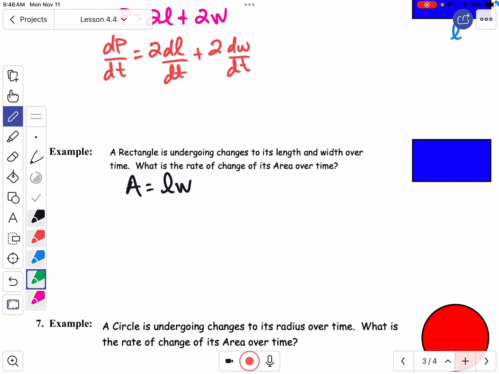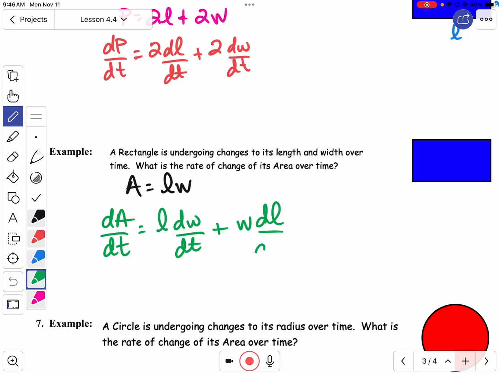So the derivative of A is dA/dt. We need product rule for this one: the first, L, times the derivative of W, dW/dt, plus the second, W, times the derivative of the first, dL/dt. Really missing the numbers right about now.